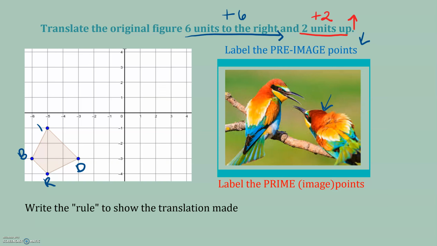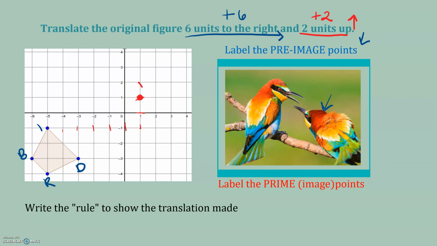So I'm going to take these original points here, like the I, and I'm going to do what it says. I'm going to move it to the right 6. So 1, 2, 3, 4, 5, 6. But then I have to move it up 2. 1, 2. When I get there, I'm going to mark that point, and I'm going to label it the prime.